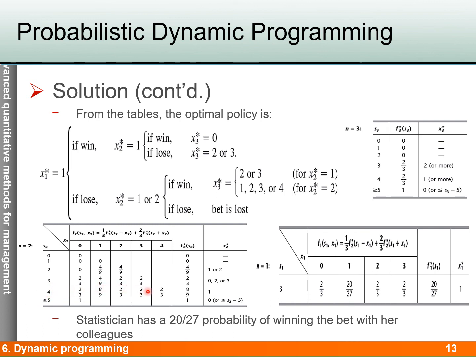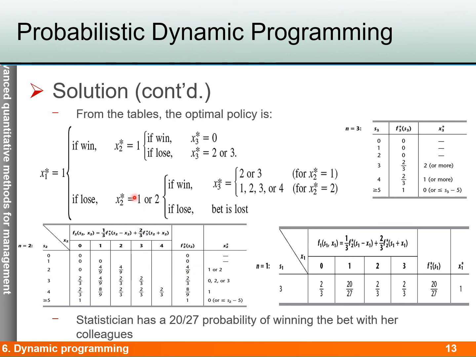And what is the decision of this part? It is betting 1 more. So as you see here, X2 star is equal to 1. But if she loses, it means that 3 minus 1, 2. What is the S2 here now? It is 2, 3 minus 1. What are the decisions, 1 or 2?